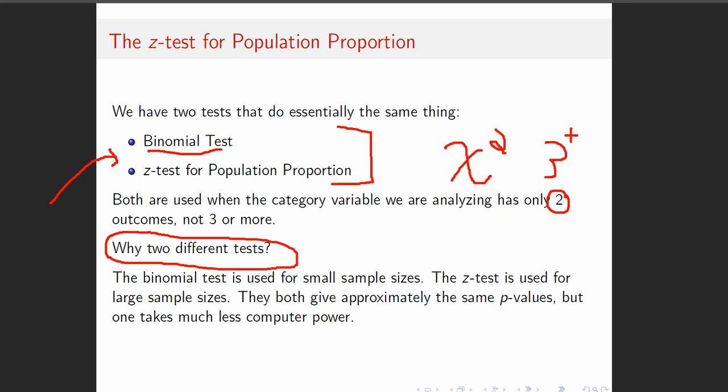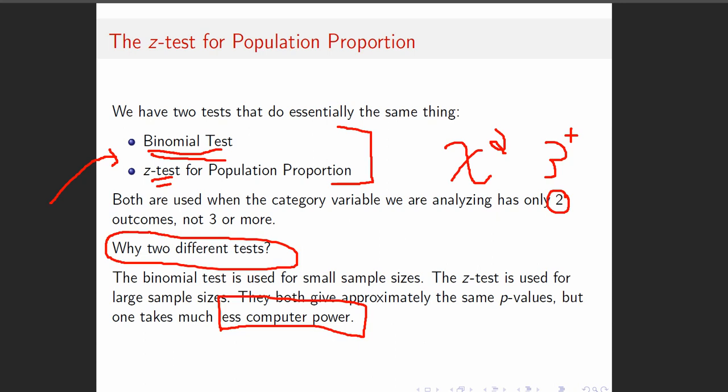Is this the world's biggest deal? No, it's not. And it turns out that the binomial test happens to be a test that requires a huge amount of computer power, and the z-test requires much less. So it turns out that we have 2, and we use the binomial test when the sample size is small. But if the sample size is large, then the binomial test just requires too much computer power. You end up needing a supercomputer to run it.